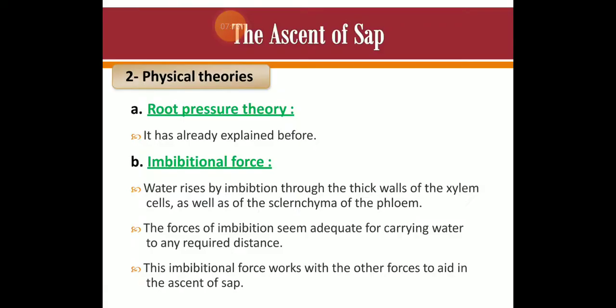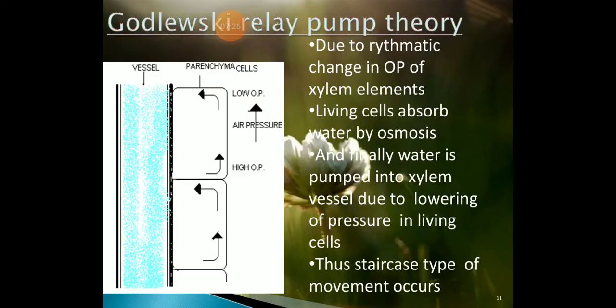Like that, in plants the water is absorbed from one cell to the other cell and transported by the imbibition force. Like that, the water is transported in the plant.